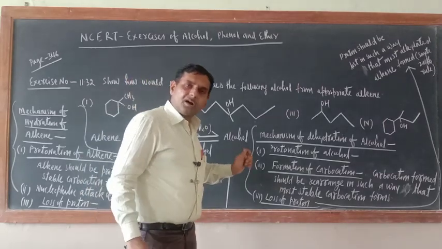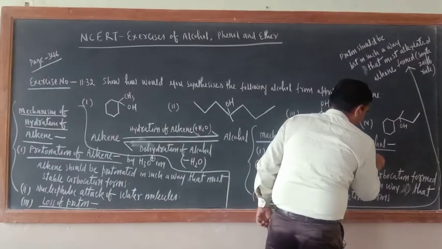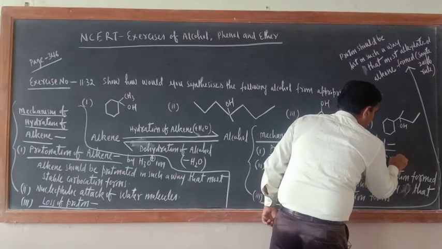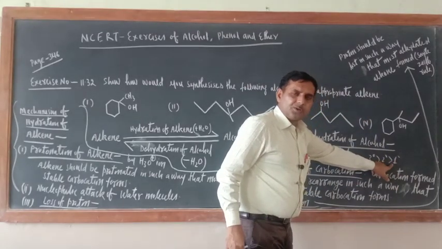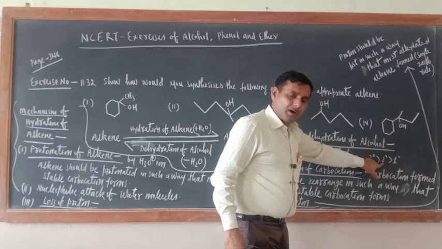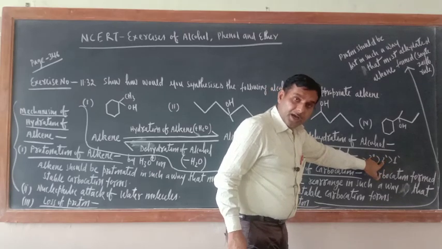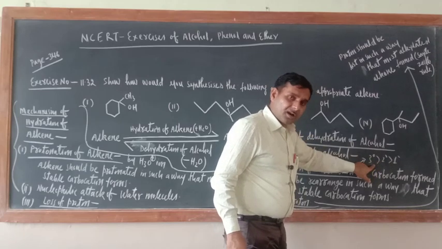What is the order of stability of carbocation? The order is 3 degree, 2 degree and 1 degree. So if a 1 degree carbocation is formed, your duty is to check whether a 2 degree can be formed or not. If a 2 degree carbocation is formed, check whether a 3 degree is possible or not.